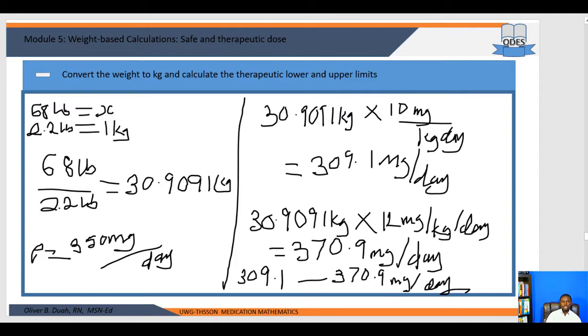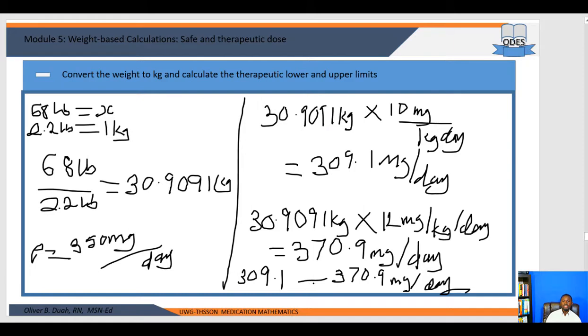What we do is we compare this to our prescribed dose. So we see that 350 is greater than 309.1 but less than 370, which means it falls between the lower and upper limit.